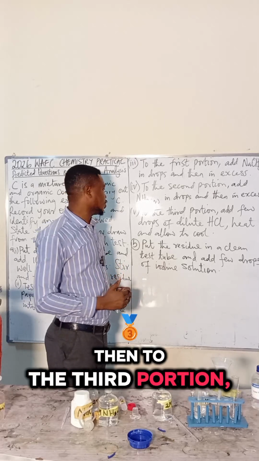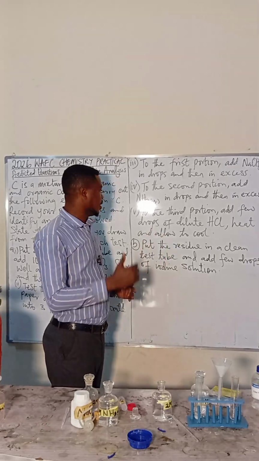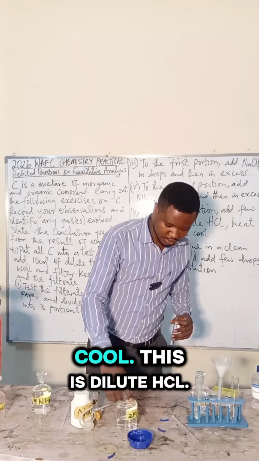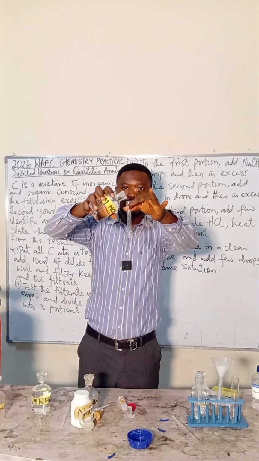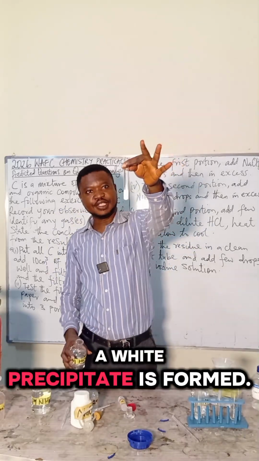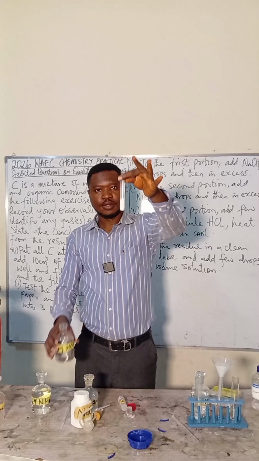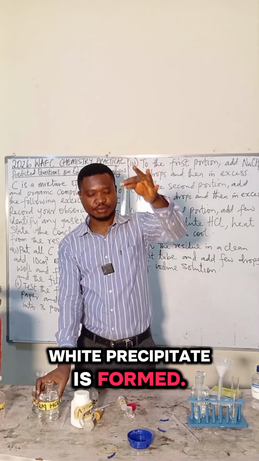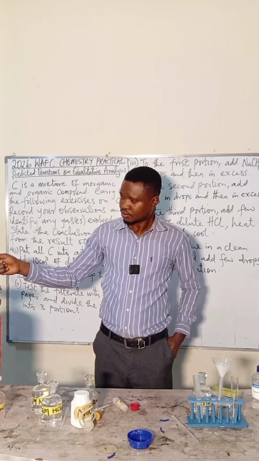Then to the third portion, add few drops of dilute HCl, heat and allow to cool. This is dilute HCl. A white precipitate is formed. Then let's heat.